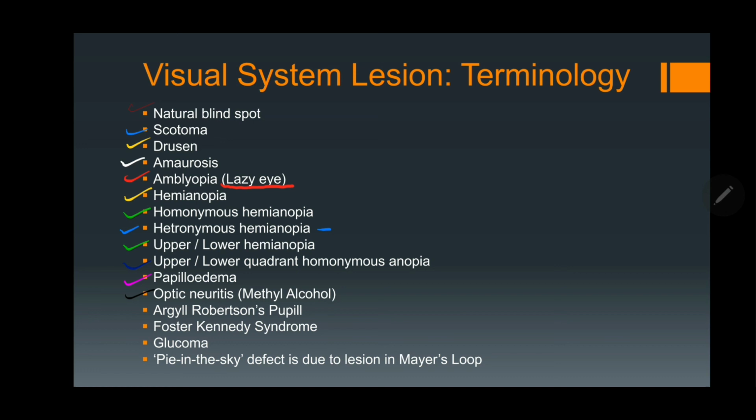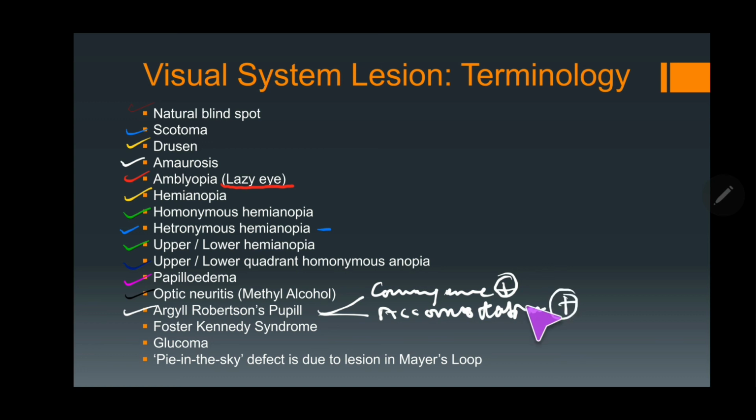Okay. Then Argyll-Robertson's pupil. Argyll-Robertson's pupil was also discussed in detail in my earlier lectures. Remember, this was related to accommodation. In this, convergence will be present and accommodation will be present. However, the pupillary reflex will be lost.